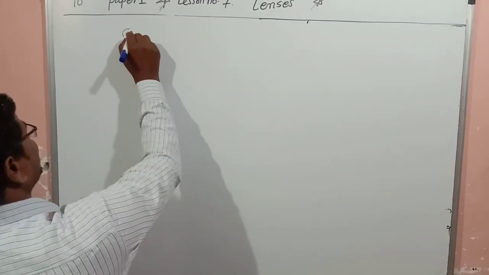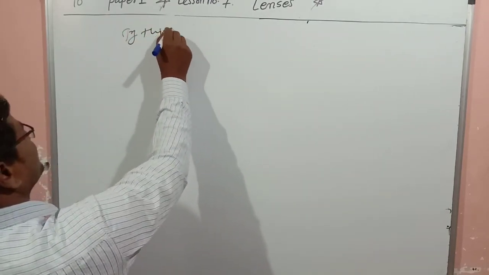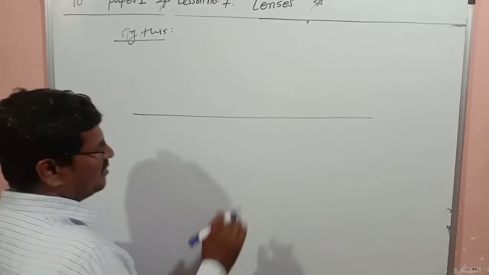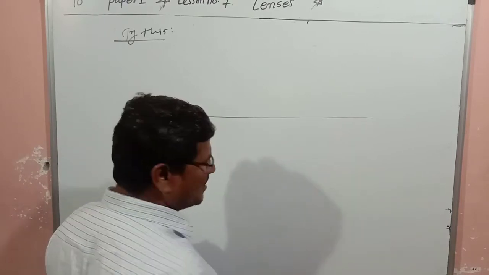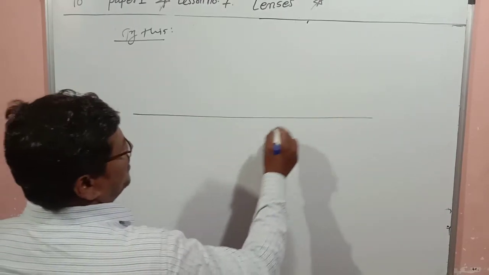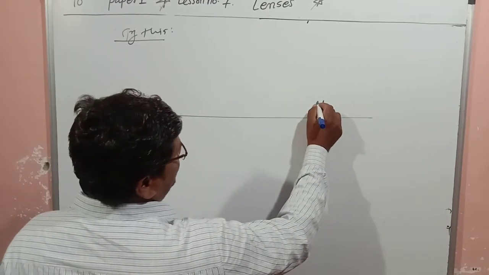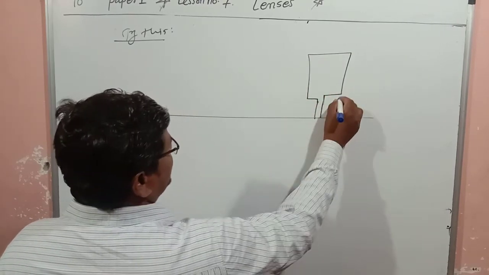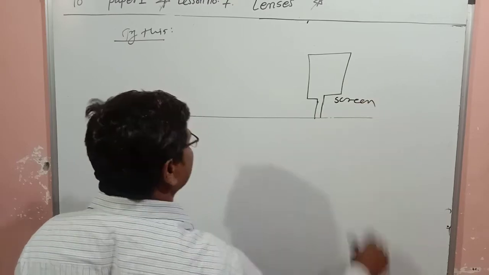We'll see what is given in Try This. So what you have to do: take one table, and on that you draw a straight line. After that you have to take one screen. Here it will be the screen.